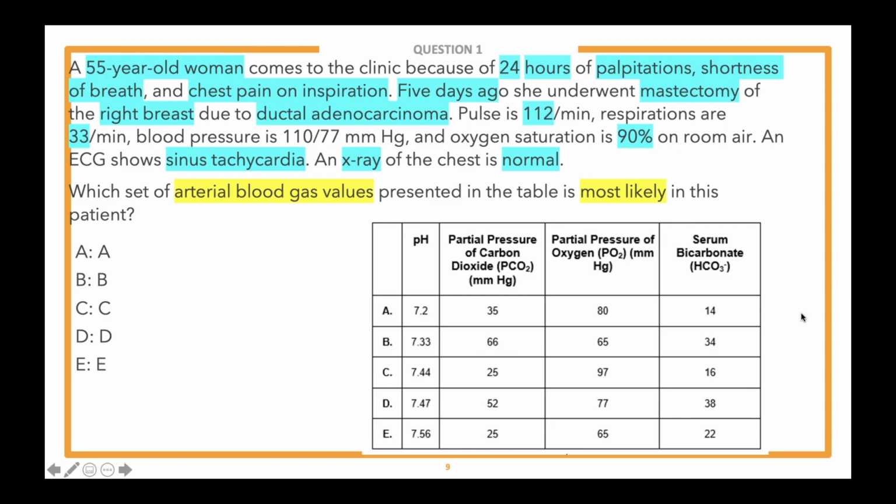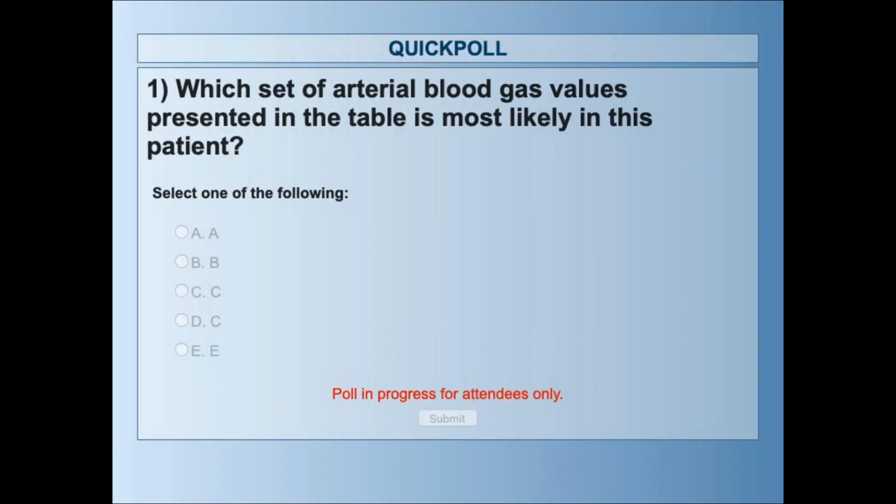So we're going to go ahead and open up the answer choices as a poll. Go ahead and select the one that you think is the best answer, and we will talk about it in just a few seconds. As you can see here, I made a little bit of a mistake. The answer choice labeled C the second time is actually D, so I have C on there twice, so please make note of that. I hope you caught my mistake already.